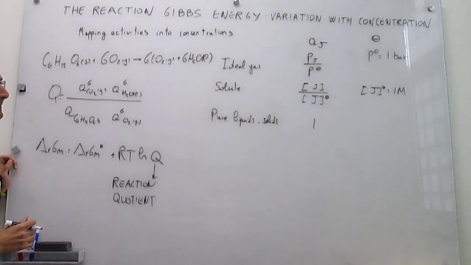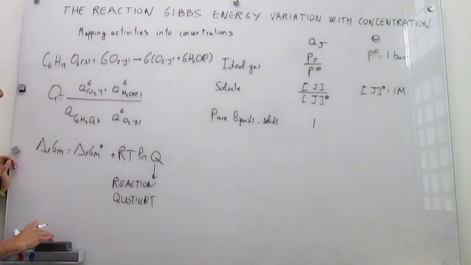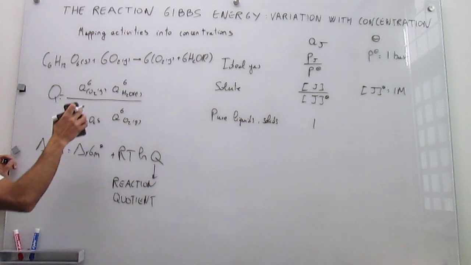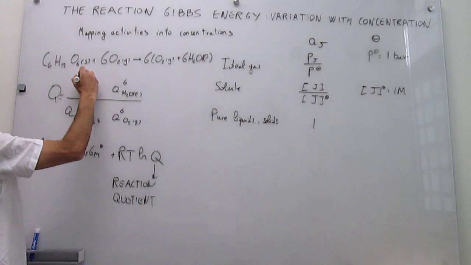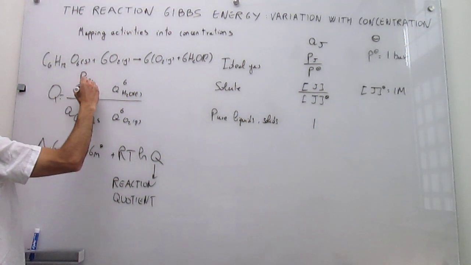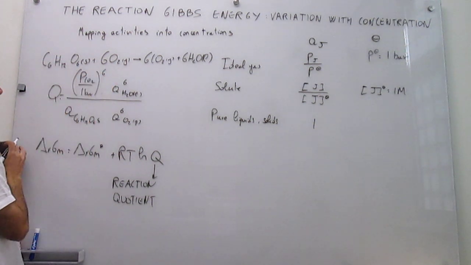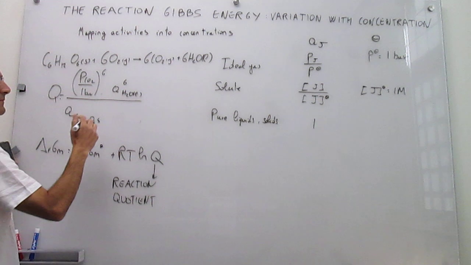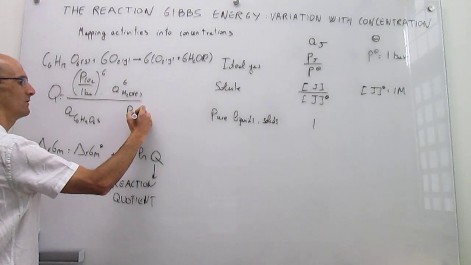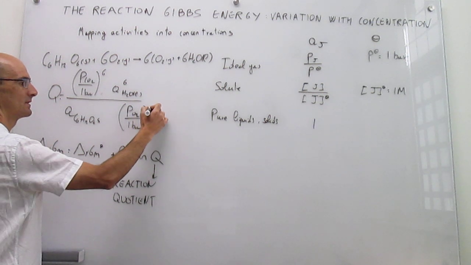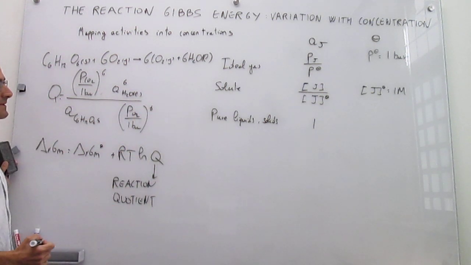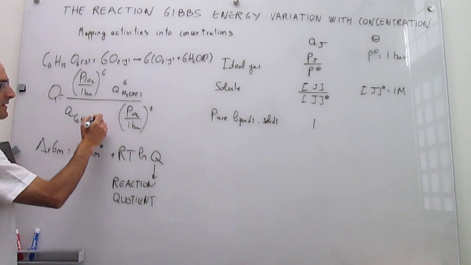We now replace those by our useful measures of concentration. The pressures are straightforward. That is simply going to be the pressure of CO2 over 1 bar to the power of 6, and for oxygen, the partial pressure of O2 over 1 bar to the power of 6. Great. And now we just have the solid and the liquid.